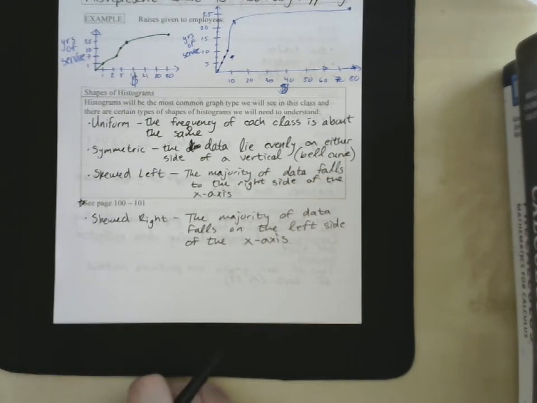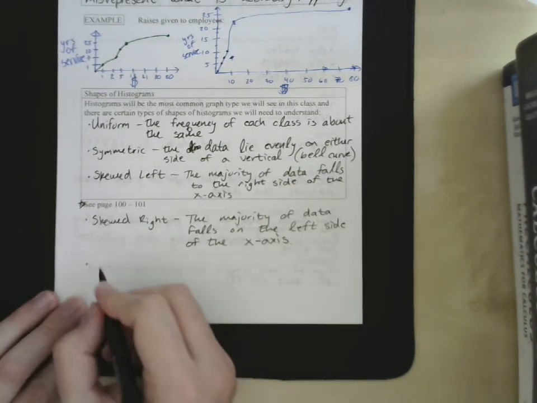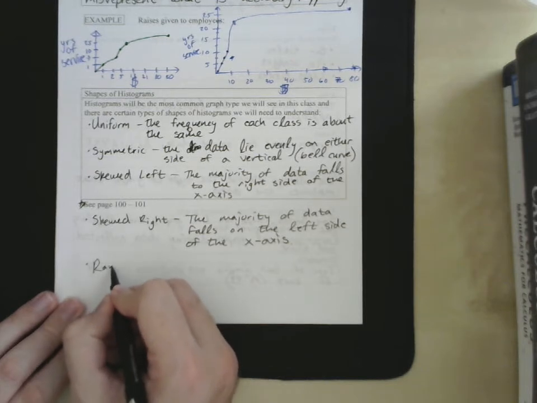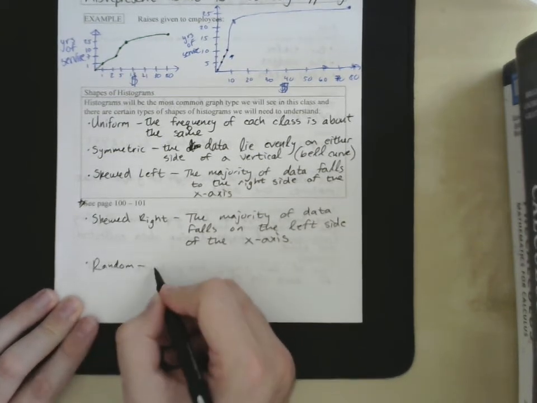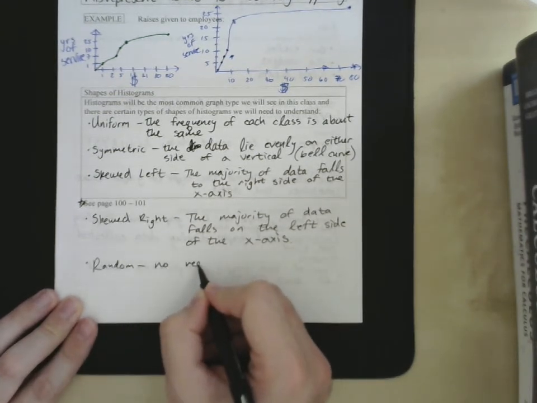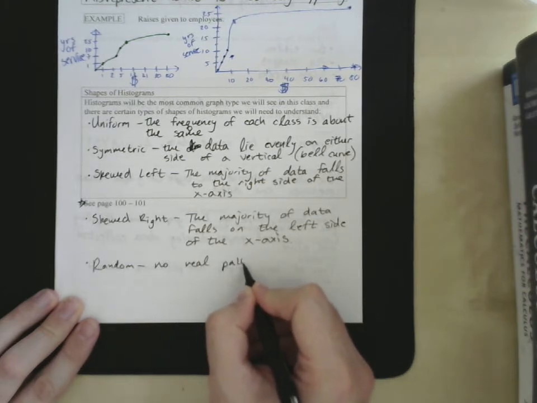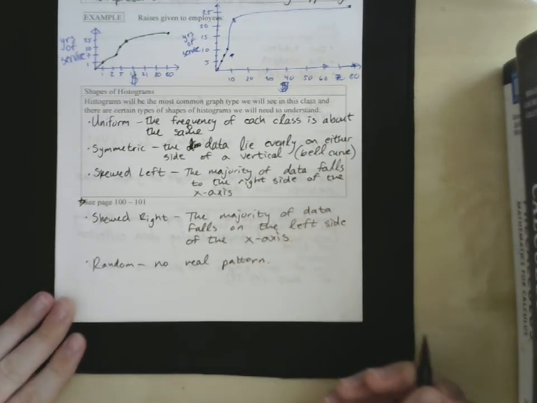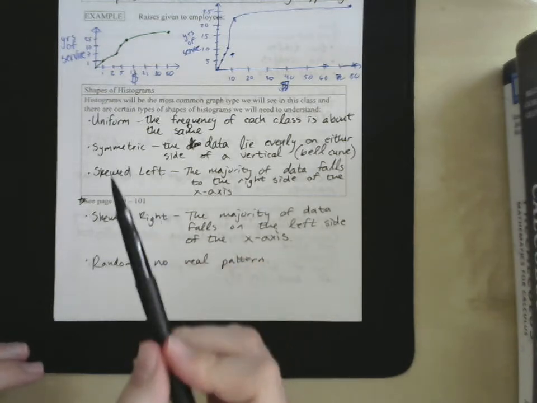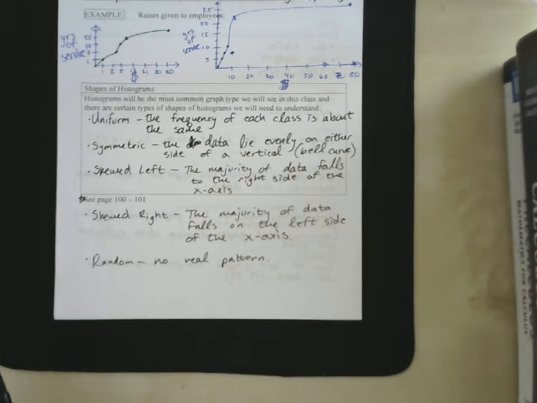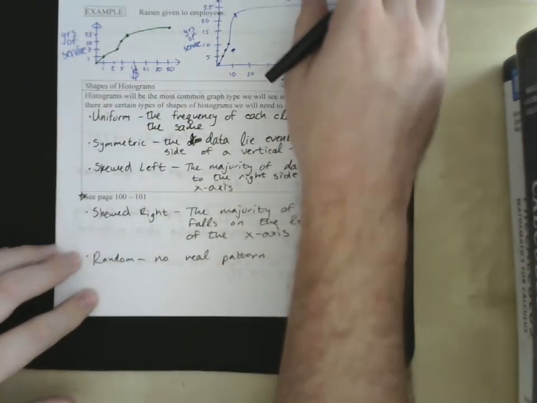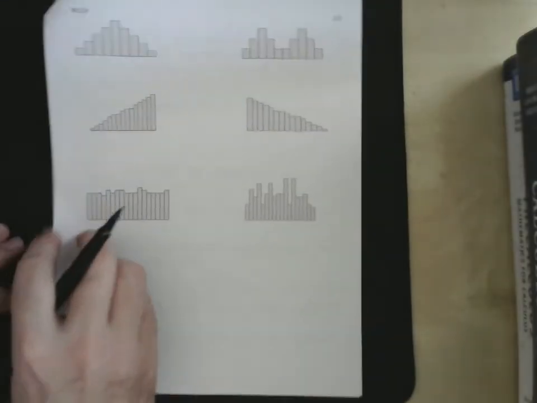So it's a little opposite of what you would expect. And there's one final distribution, and that is random distribution. And this just means there's no real pattern. So you have uniform, symmetric, skewed left, skewed right, and random. These are all distribution shapes that your histograms can take. So now we're going to look at some examples, some pictures of them on the next page.